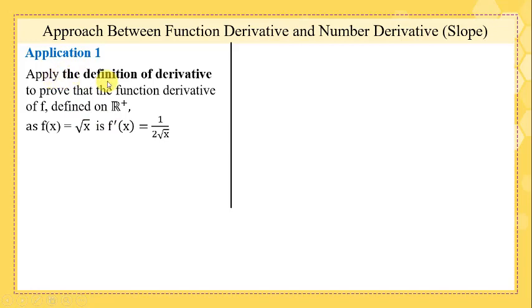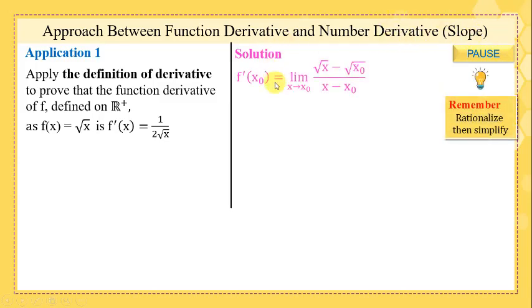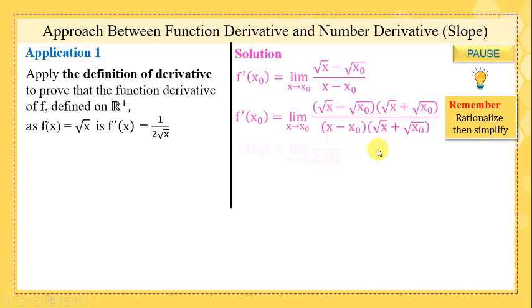We want you to apply the definition of derivative to prove that if f of x equal radical x, then f prime of x equal 1 over 2 radical x. Okay. We apply the definition of derivative at x equal x0, as you notice here, and we rationalize and simplify and do the calculations, and we get the answer 1 over 2 radical x0.